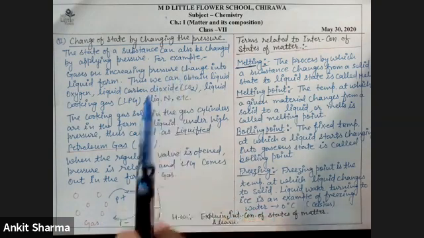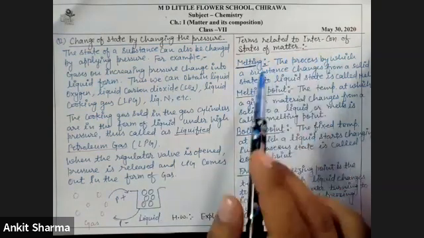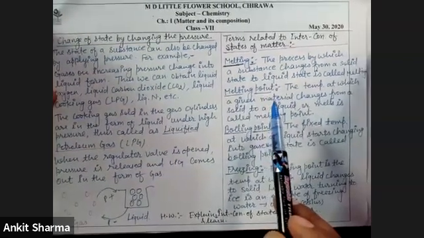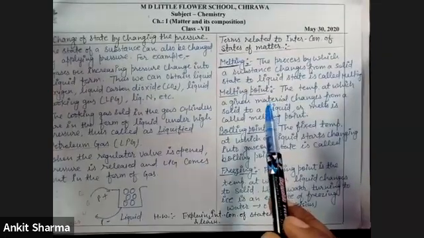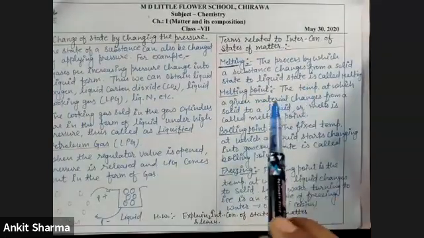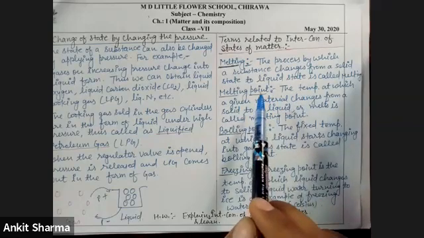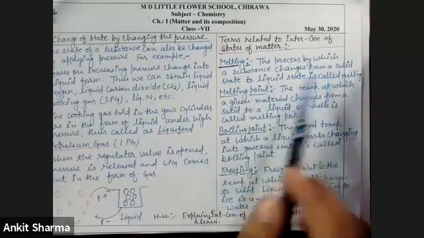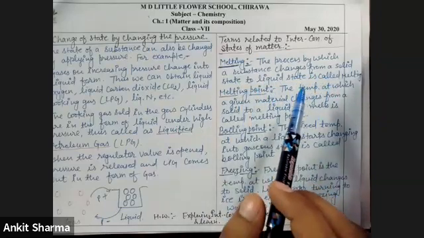Now let's recall the terms related to interconversion of states of matter. First is melting. As you know, what is melting? The process by which a substance changes from a solid state to liquid state is called melting.